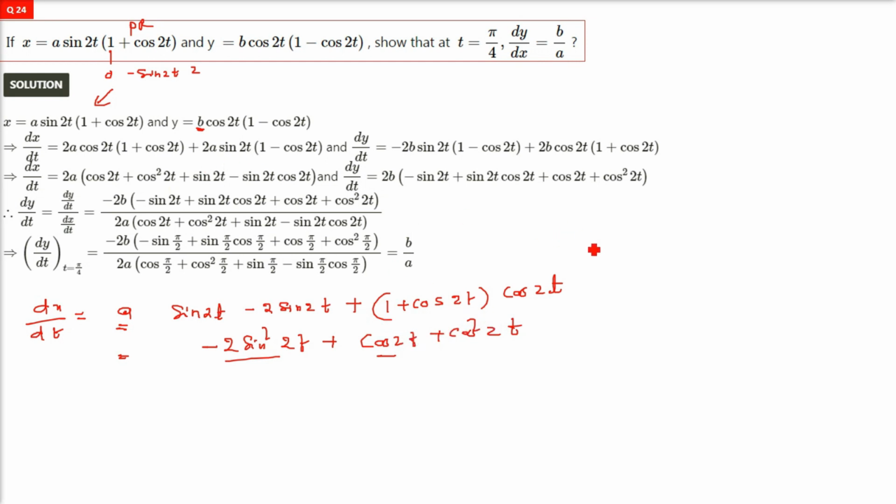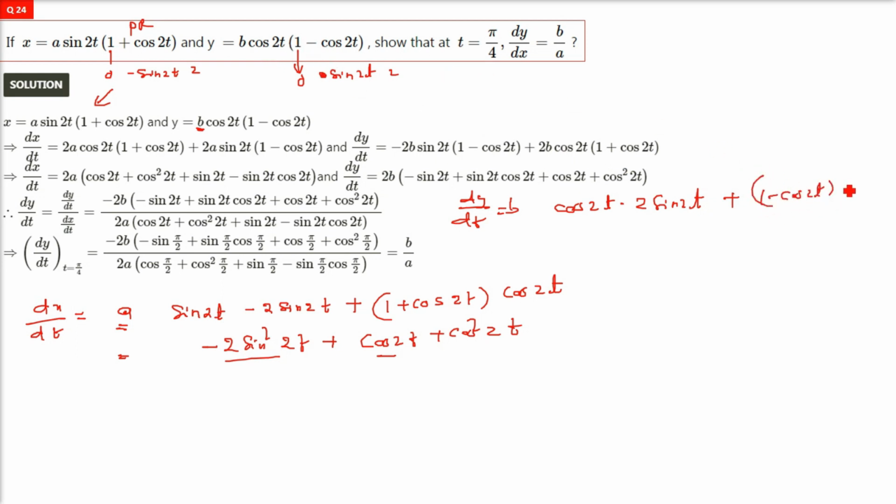Till the time we find a way, we will go for dy by dt. Dy by dt is b. B definitely is going to come later. Cos 2t (1 minus cos 2t): the differentiation of 1 is 0, cos 2t is minus sin 2t. So minus is already there, minus becomes plus. So you just write sin 2t and the differentiation of 2t will be 2. Then we have plus. 1 minus cos 2t we will write like that. Cos 2t will be minus sin 2t.